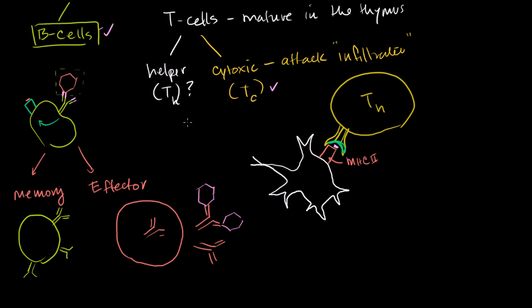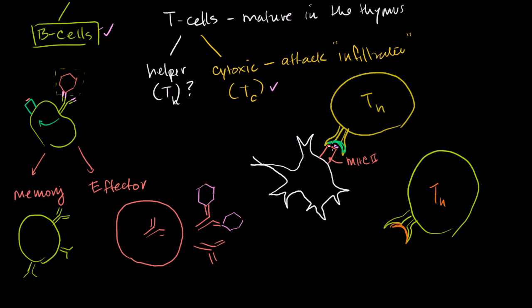For example, I might have another helper T cell here that also has a T cell receptor. But the variable portion on that T cell receptor is different than the variable portion on this T cell receptor. So this helper T cell will not bind to this dendritic cell or the MHC2 complex of this dendritic cell. Only this one would.